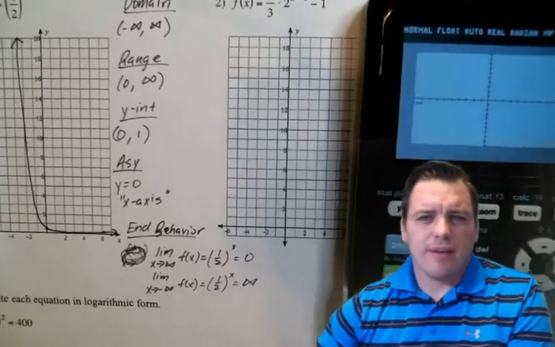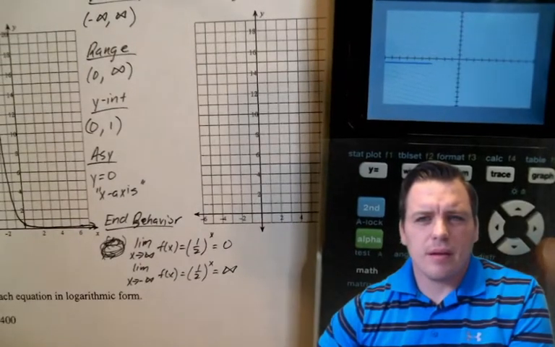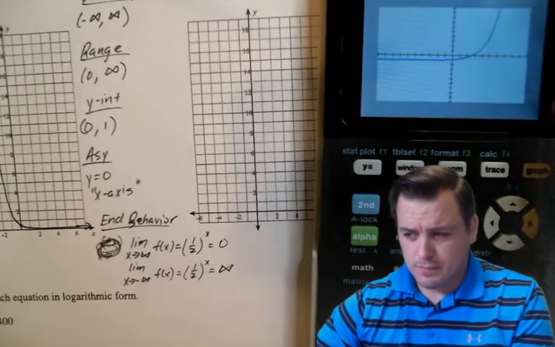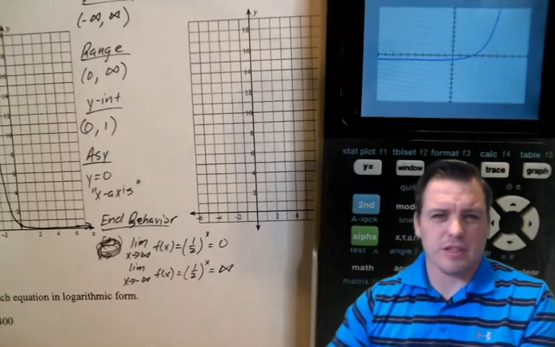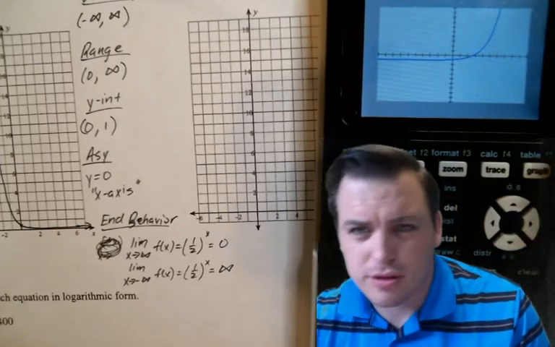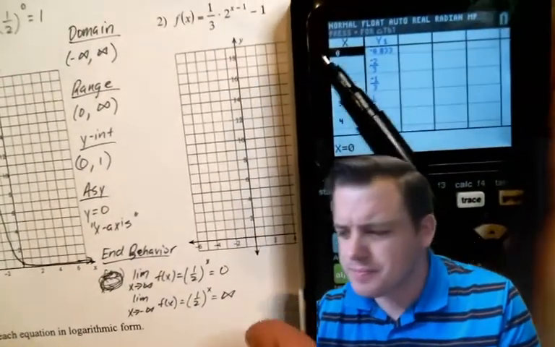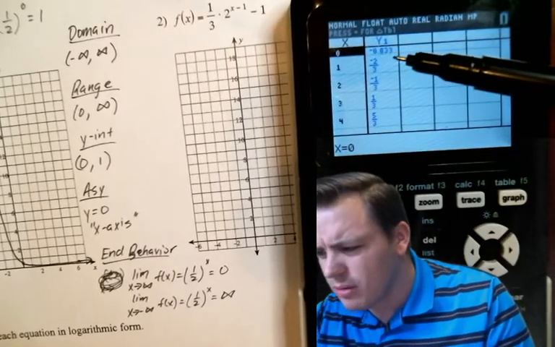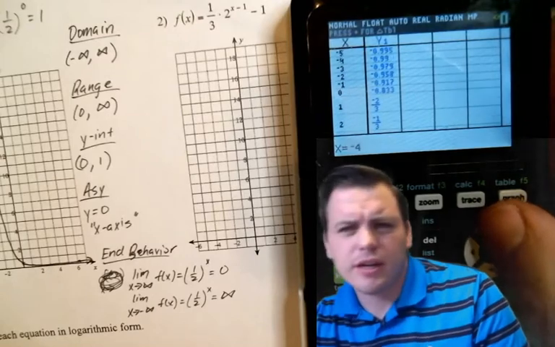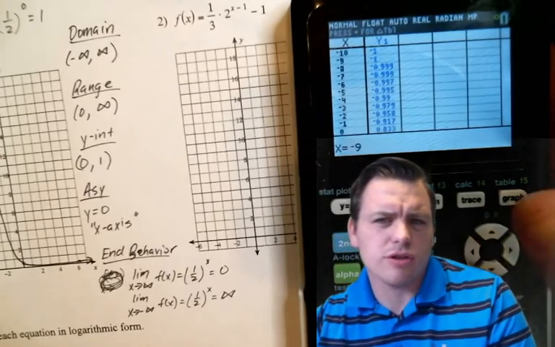We graph it. And really, we want to just look at the table and see what the table is actually doing. At 0, it's almost that. And as you see here, it's going to get extremely close to -1.